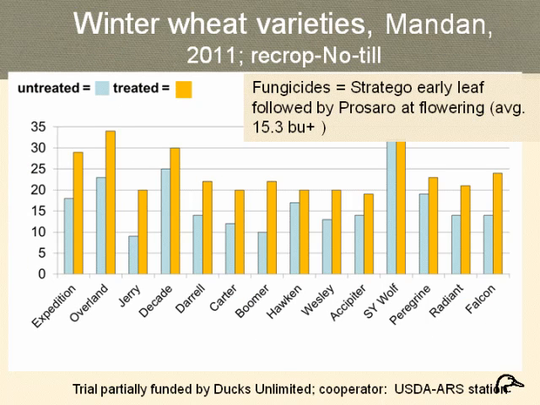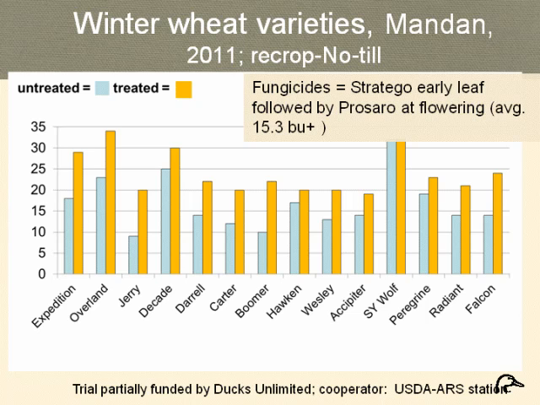And then if we look at some variety response to fungicides in 2011, this is a summary of fungicide response among winter wheat varieties. This was done at Mandan, where they did have quite a bit of moisture and leaf disease. The fungicide strategy was early application of Stratego, followed by a late application at flowering of Prosaro.